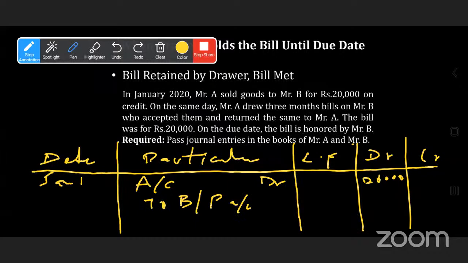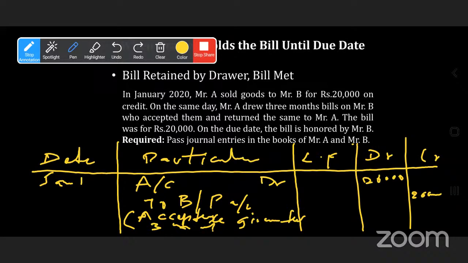You can write it in full form, bills payable account 20,000. You have to write the narration as acceptance given for 3 months.